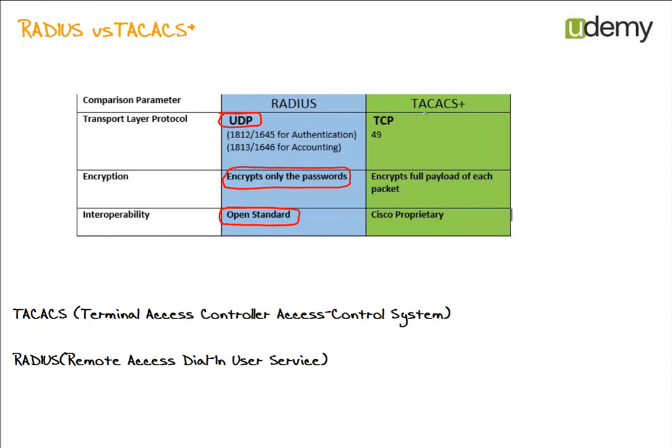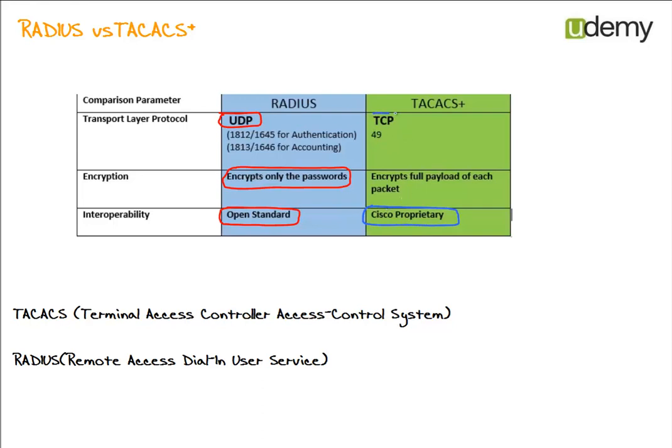TACACS, which stands for Terminal Access Controller Access Control System, was originally a Unix project, but Cisco made a special version of TACACS and called it TACACS+. So we say that TACACS+ is a Cisco proprietary protocol, and you could use it in a Cisco environment only.